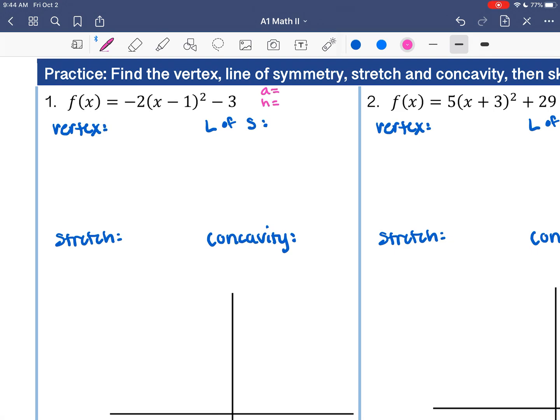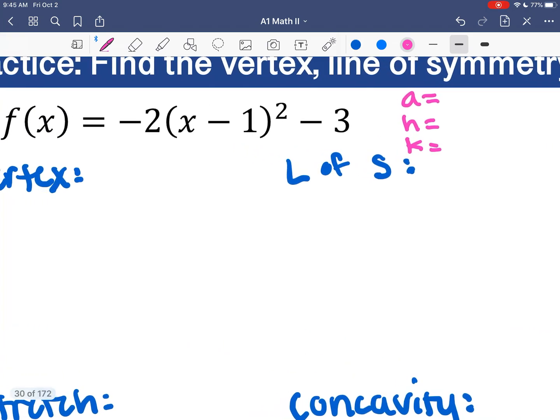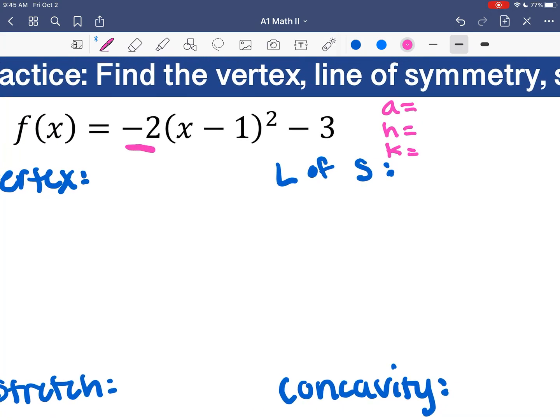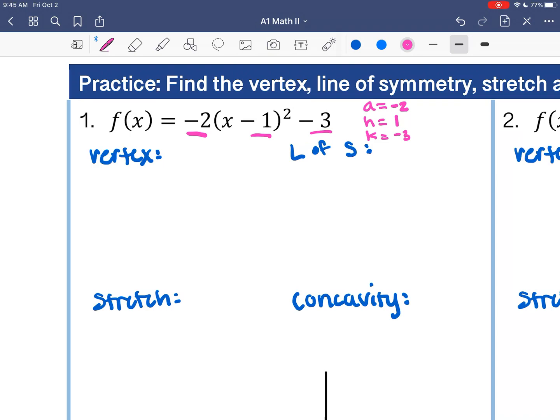So really quickly, let's identify A, H, and K. In this function, A is negative. It's important. H, remember this is the opposite sign one. This one is the one where you switch the sign. We wrote that down on the other page. This one's positive 1, and this one, same sign, negative 3.